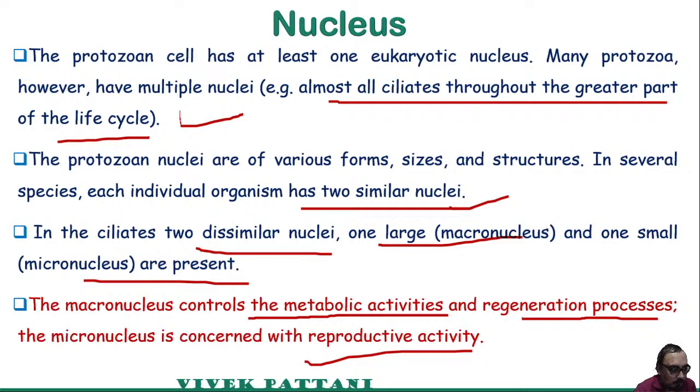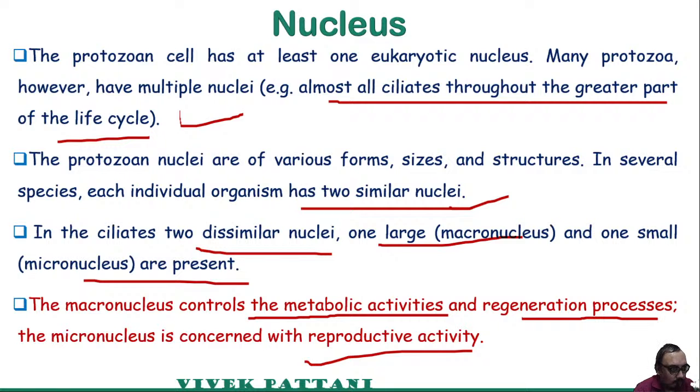So the protozoan nucleus as a whole may be vesicular or compact. The vesicular nucleus has a nuclear membrane which is thin and delicate, but the nucleoplasm is very distinct and the chromatin content is less.